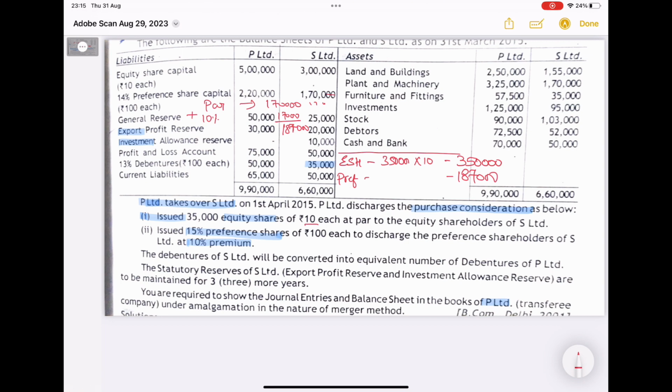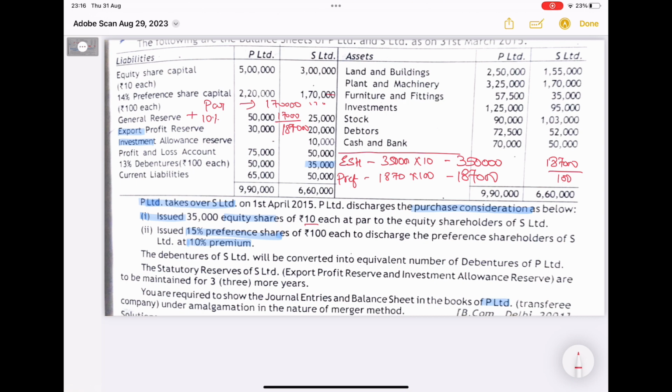If you add both values, the number of shares we can easily identify: 1,87,000 divided by 110 gives 1,700 shares, into 100. This is how you can calculate. So this is the value of purchase consideration particularly for the preference shares.